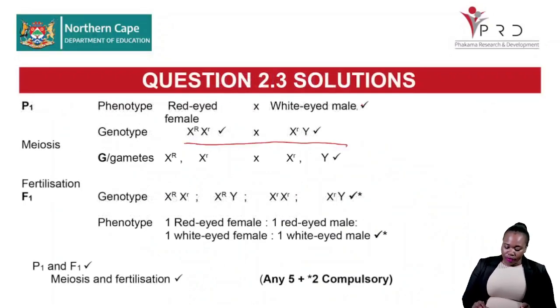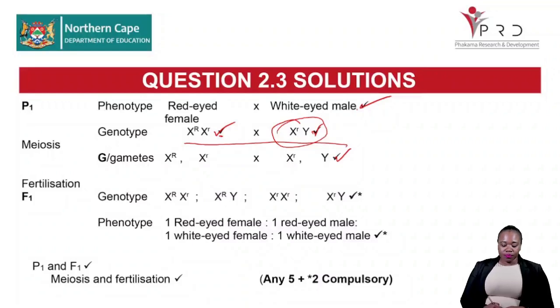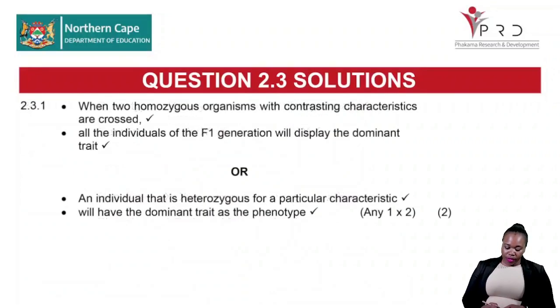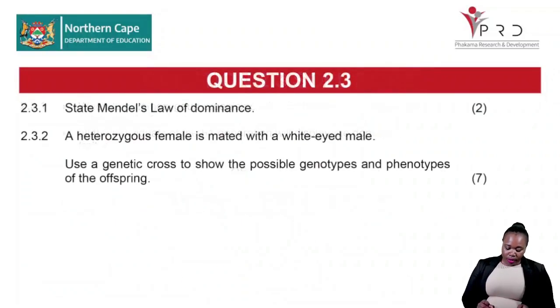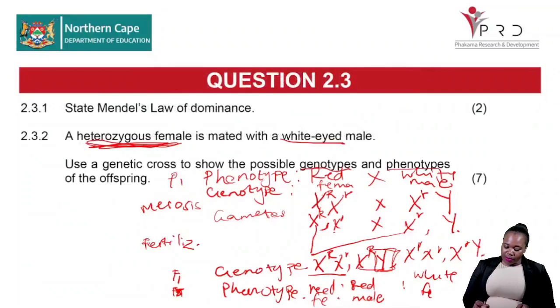You get a mark for your phenotype, you get a mark for your genotype. In this case, you are getting 2 marks for each genotype, meaning that even if you make a mistake here, you would still get a mark. For the genotype of the female, you get only 1 mark. For the gametes of both the male and the female. And then it says in the question previously, to give the possible genotypes and phenotypes.